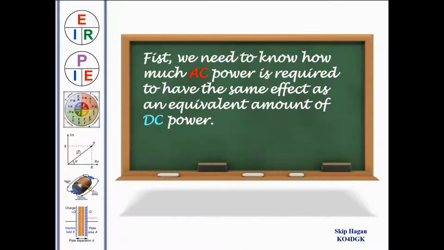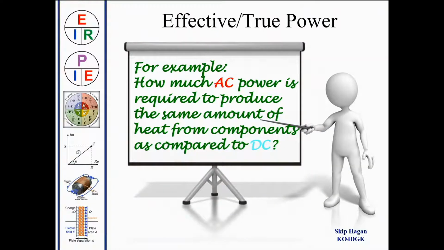and calculate the effect that AC power has that's equivalent to DC power. For example, how much AC power does it take to produce the same amount of heat in our radio components as compared to DC?